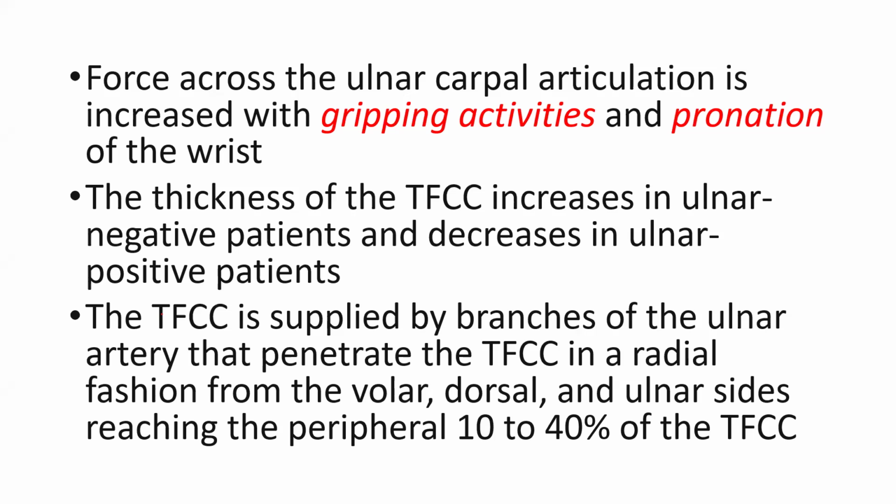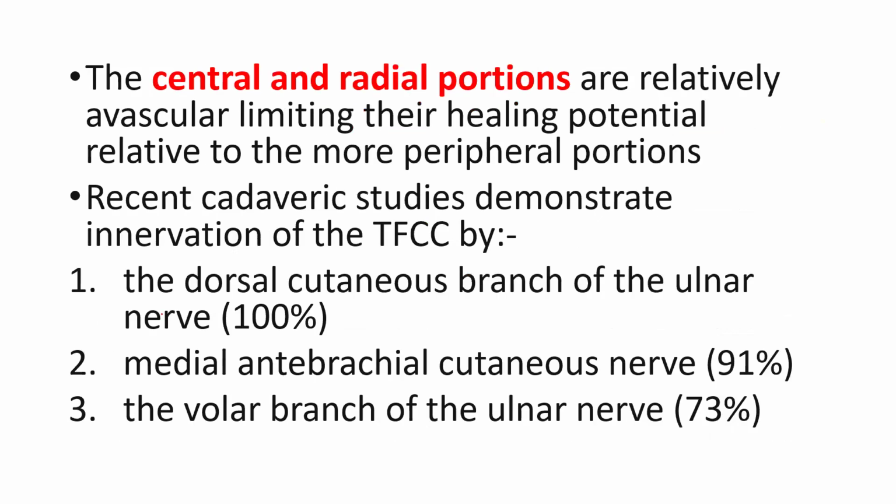So, like in the meniscus of the knee, the periphery of the cartilage is well vascularized. As you move centrally, it becomes less vascularized to avascular. The central and radial portions are relatively avascular, limiting their healing potential, just like in the knee, relative to the more peripheral portions.